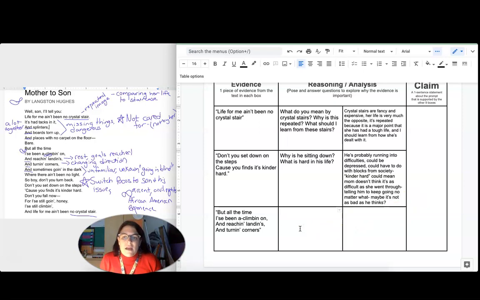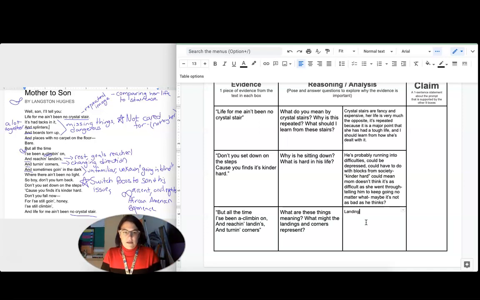All right, and then I went back a little bit. So I'm pulling evidence from different pieces of this in different orders: but all the time I've been climbing on, and reaching landings, and turning corners. What are these things meaning? What might the landings and corners represent? I'm asking that because I already know she's talking about life comparing to a staircase, so I'm assuming she's comparing these.